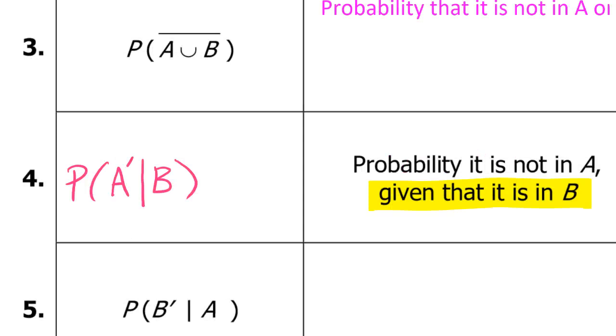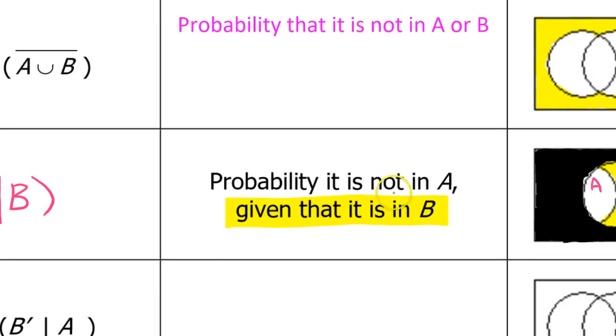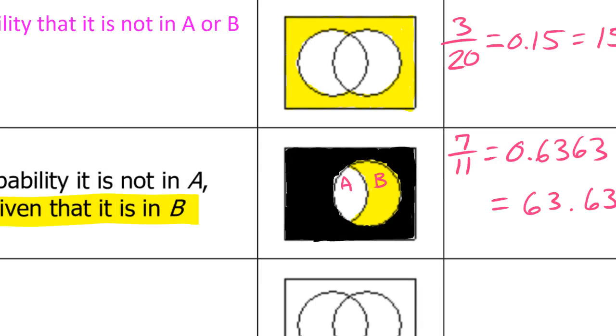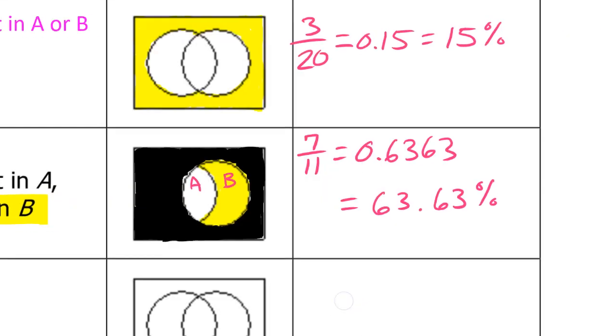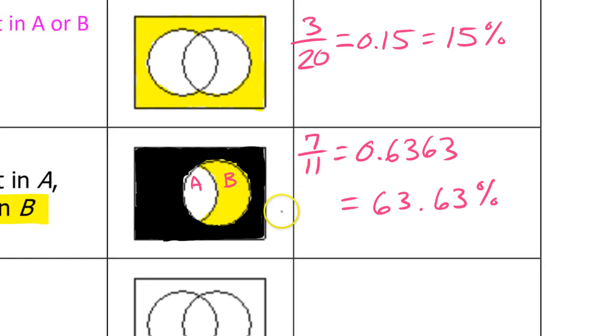So quick summary of number 4. These symbols would mean the probability of not A given B. And here, that's what it looks like in words. The shading looks like this because the given B part blacks out everything except for B. And then the not A is shaded. And here are the calculations, the target over total.